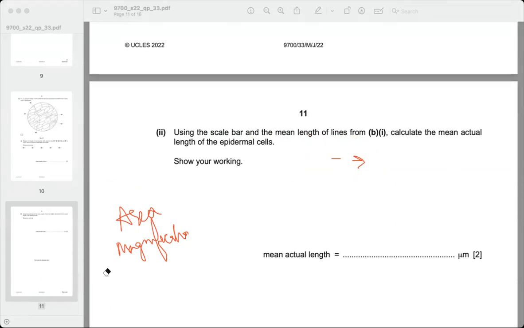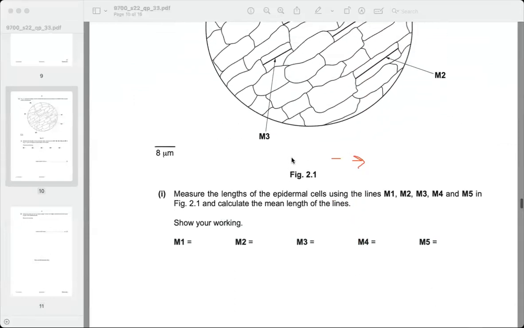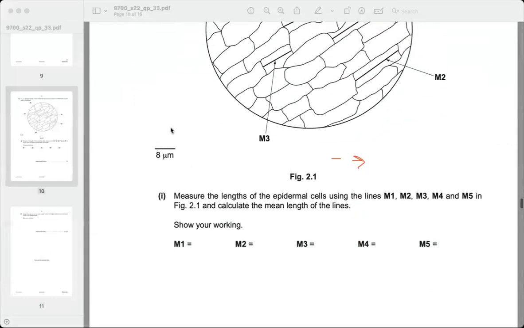Now we move on to the top part where we look at the magnification. If you look very carefully, we have this 8 micrometer scale which has been drawn. So when we are talking about 8 micrometer, you have to take your scale, put it on this line and measure it.